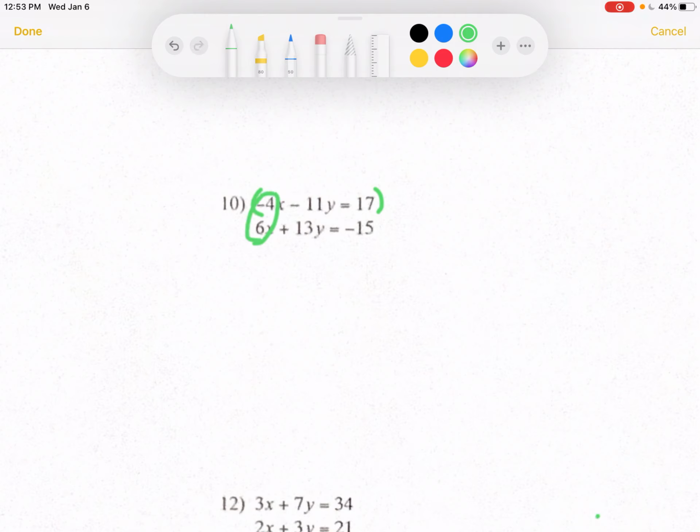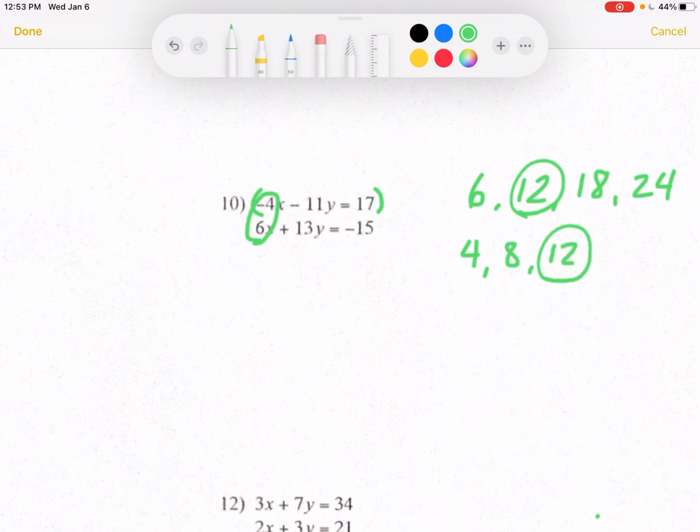I want a positive and negative of the same number there. So if you start thinking about multiples of 6, it goes 6, and then 12, and then 18, and then 24. And with 4, you can do the same thing, 4, 8, 12, okay? And so there's your common multiple, okay? So we want to work to get those both to 12.